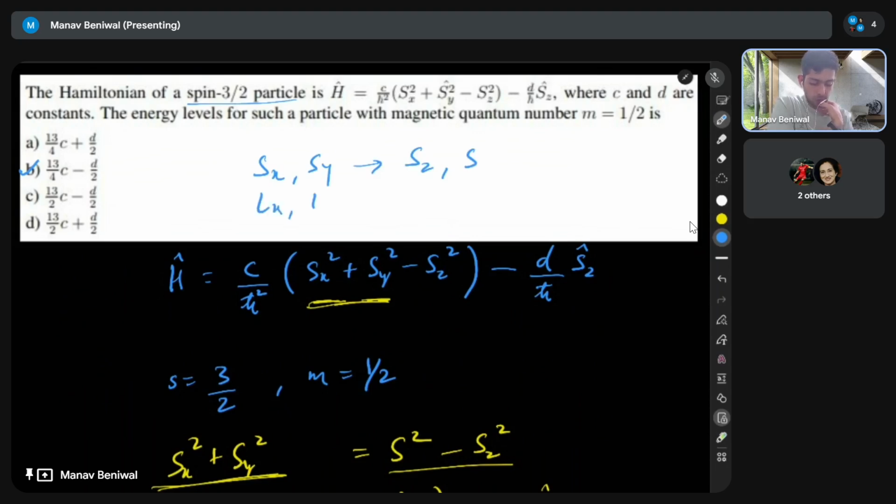Same goes for Lx and Ly, because we know what these operators do to our eigenkets, right? So Sz just gives us m h cut, and the total S gives us S into S plus 1 h cut. And similarly, Lz gives us m h cut, and the total L gives us L into L plus 1 h cut.